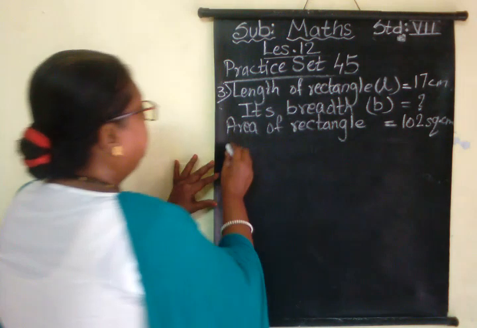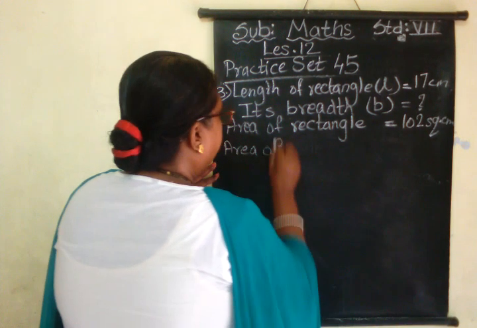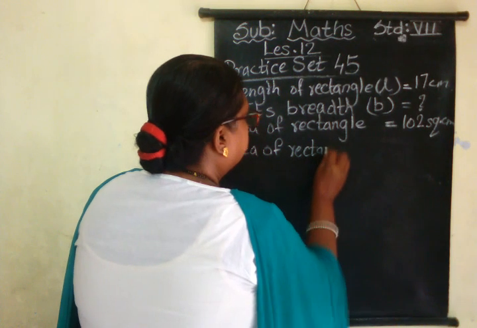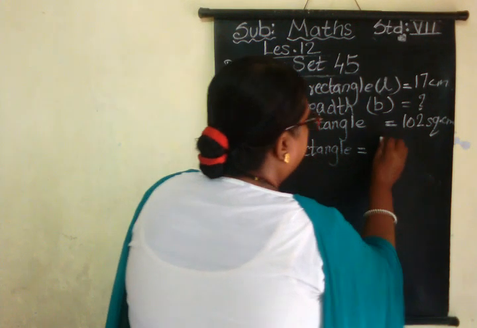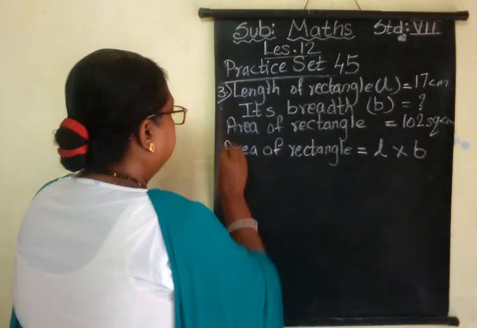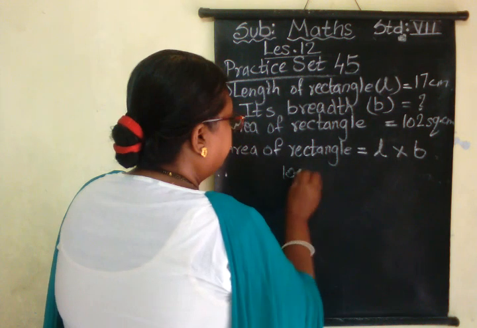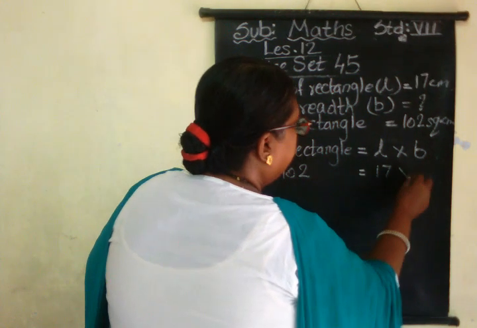See how to find out. Area of rectangle is equal to L into B. Therefore, area of rectangle is 102. So I will write 102 here, is equal to length is 17. B we don't know.